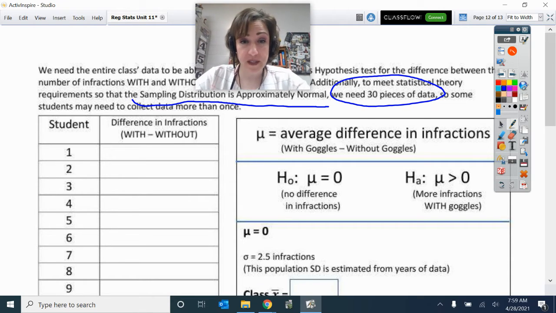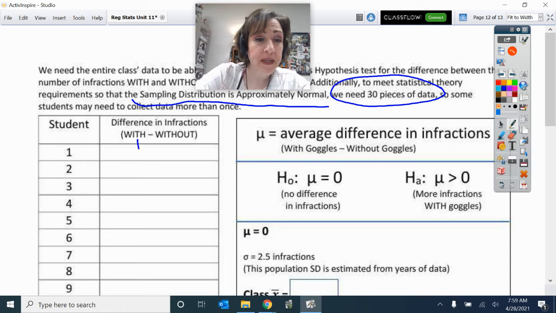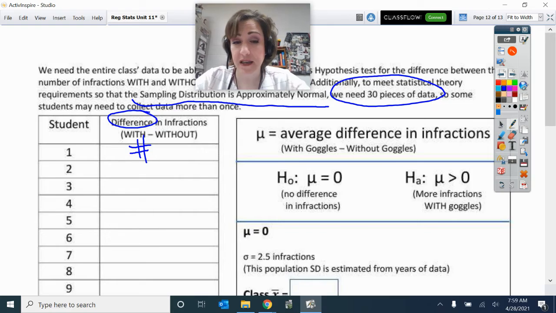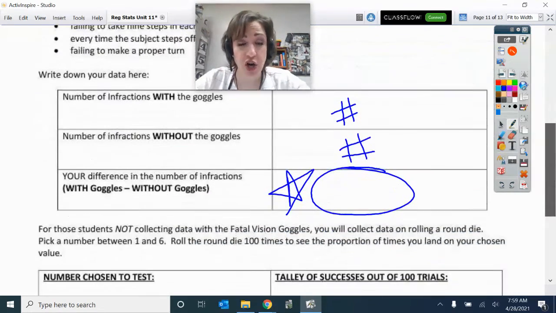So if we have a smaller class than 30, some of you may have to perform this test more than once. Each person will put their difference value on the chart on the back.